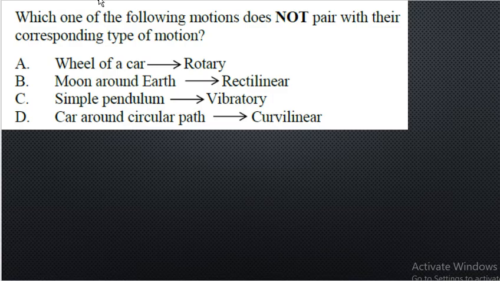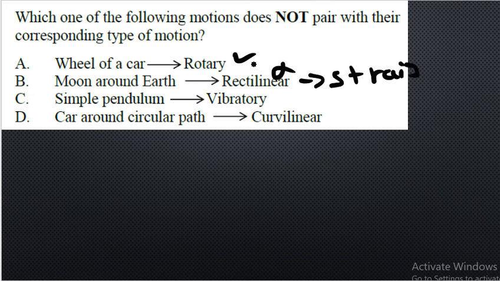Next one, it says which one of the following motions does not pair with its corresponding type of motion? A, wheel of a car, it's rotary, yes. B, moon around Earth, it must be rotary again, because the moon is revolving around Earth. But it says rectilinear. Rectilinear means straight line motion, so this one doesn't work. Which one is not?